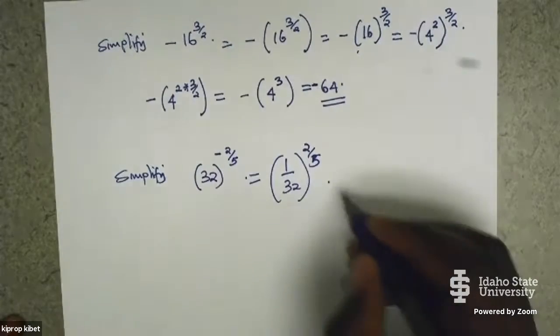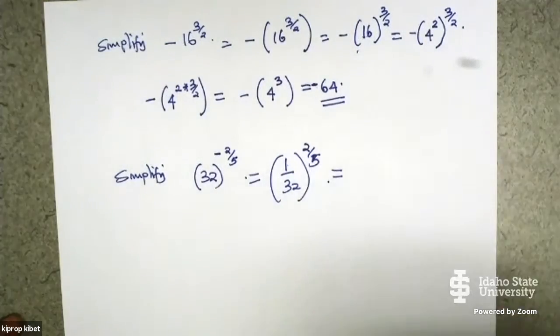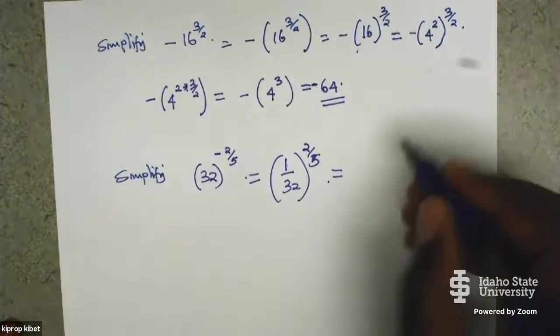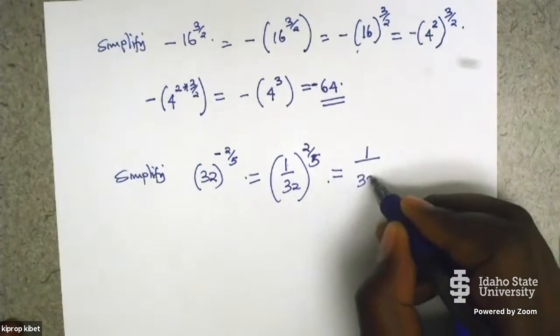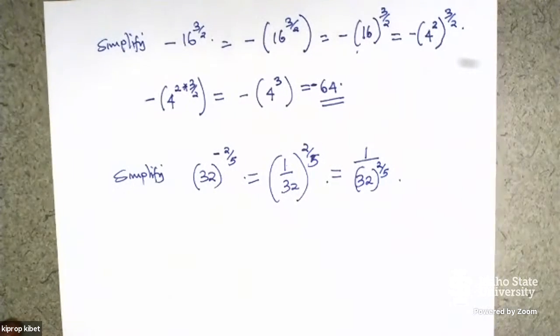Now, you can distribute this. 1 raised to 2 over 5 is what? Is 1. So it is 1 all over 32 raised to 2 all over 5.